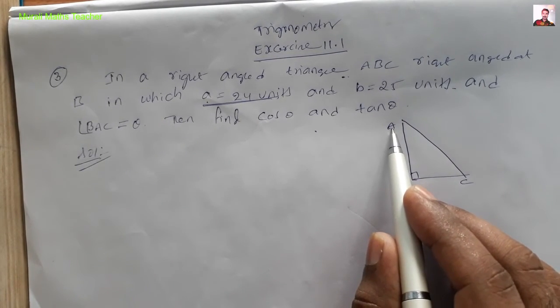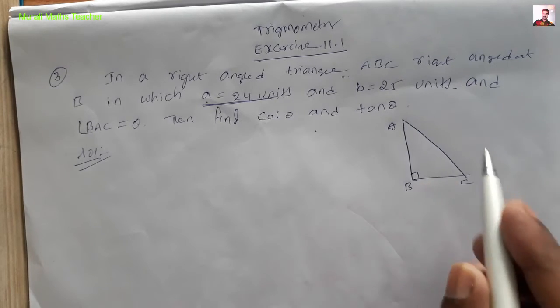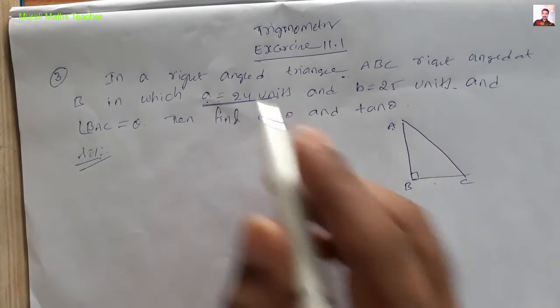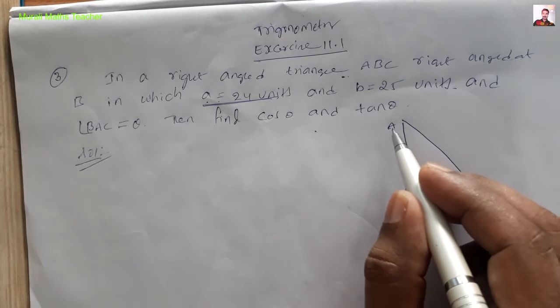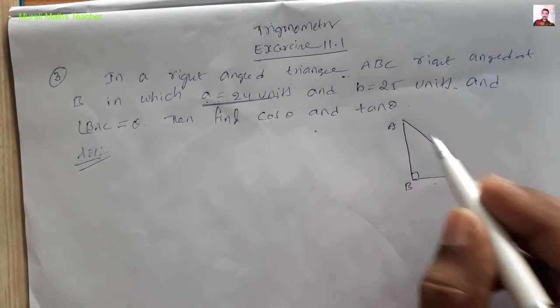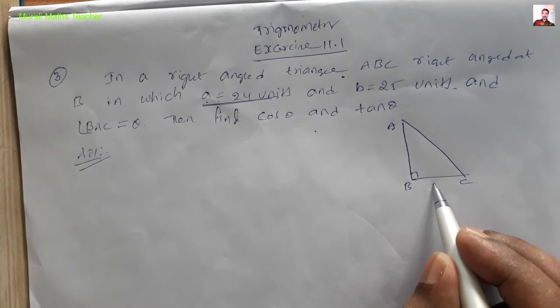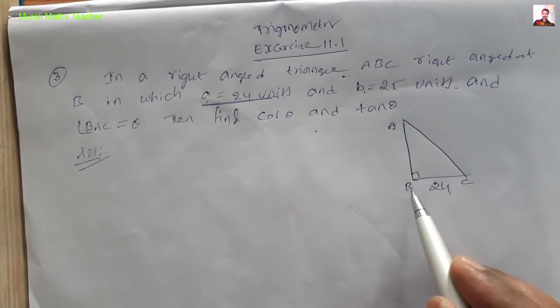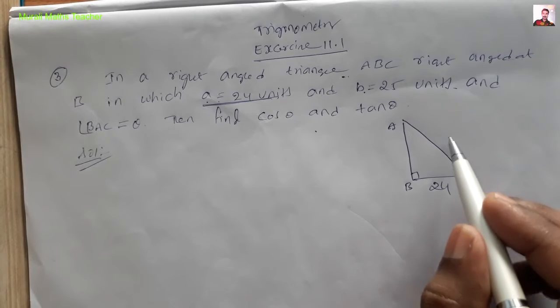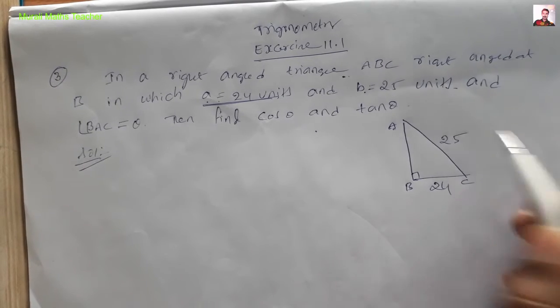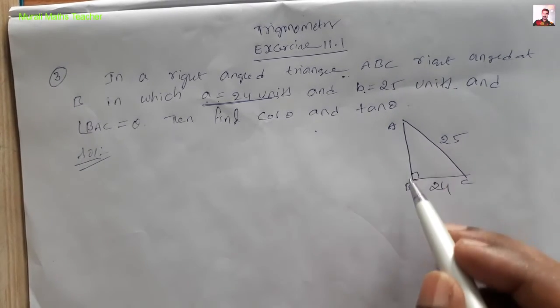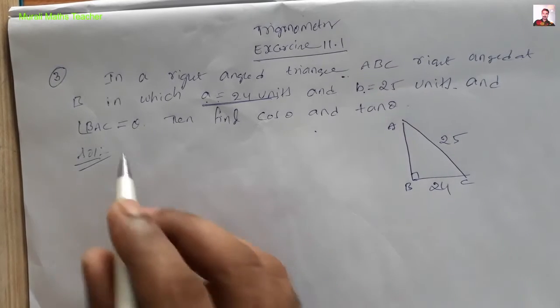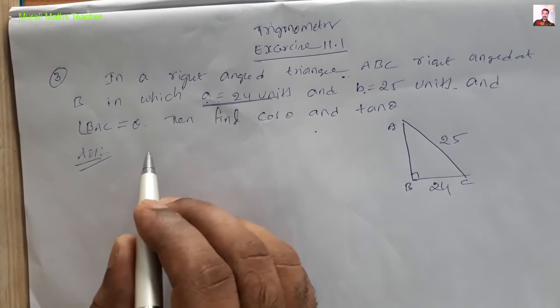Opposite to vertex A should be this small a, that is the general notation. Opposite to vertex A we mark small a, 24. Opposite to vertex B we take this one, 25. And one side is left, we have to find this by applying the Pythagoras theorem.